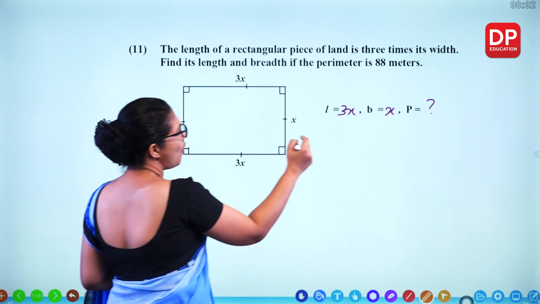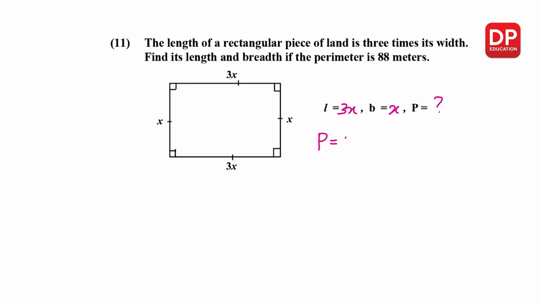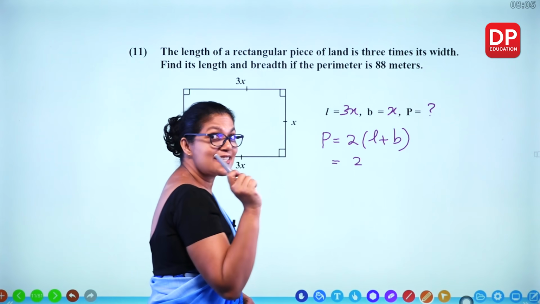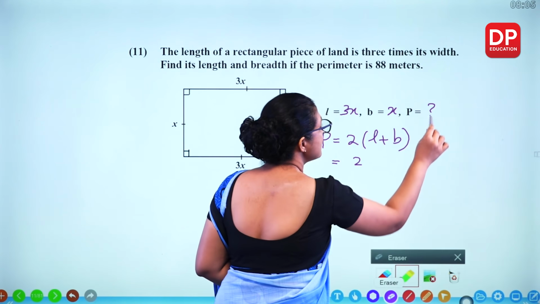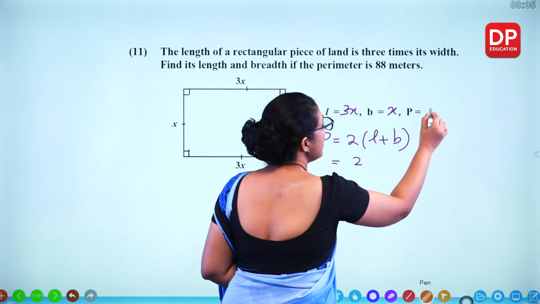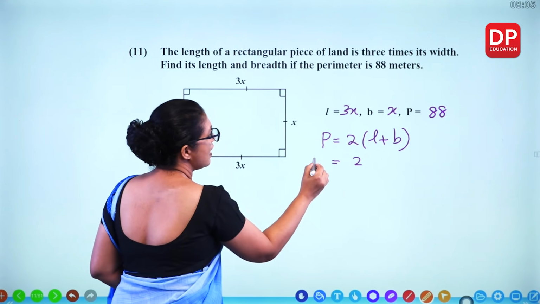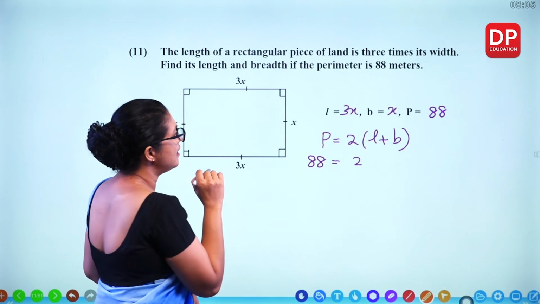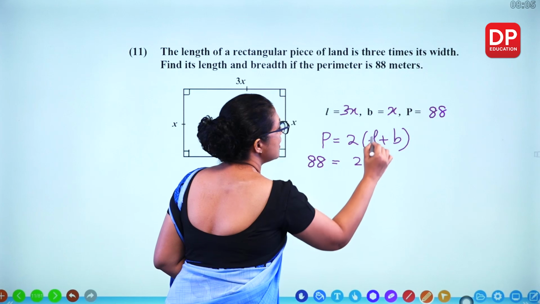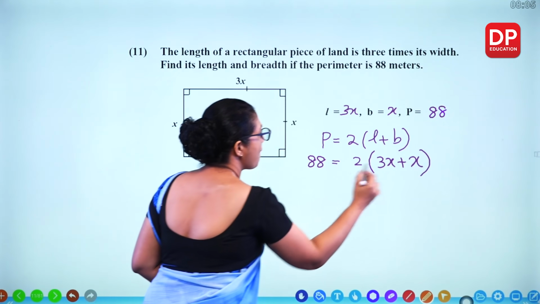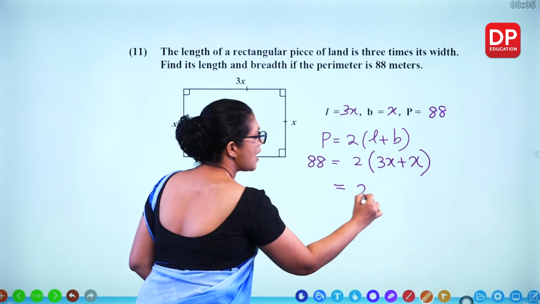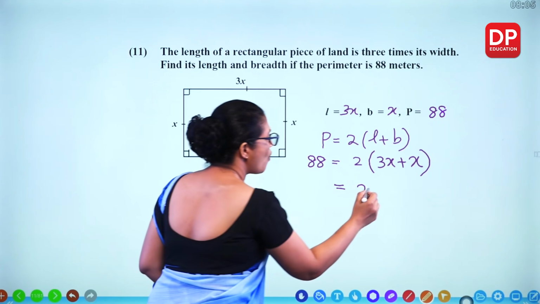Use the formula P equals 2 times L plus B. The perimeter is given as 88, so I can substitute 88 here. So 2 times, L is 3x, breadth is x. Now add like terms: 3x plus x is 4x.